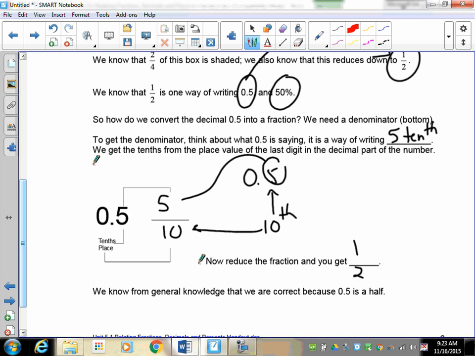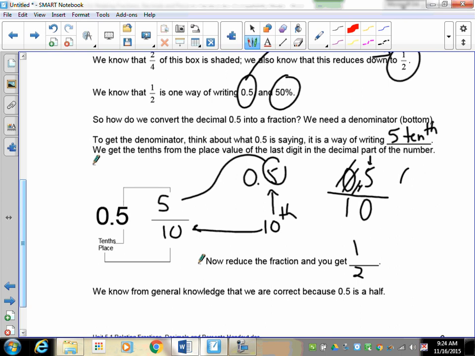There is another way of doing it, which a lot of students like. Take a look at this. You put a line under it. You put the 1 right before the 0, and then you add a 0 for every digit that's after the decimal. You'll notice that becomes 10, and then you ignore this part.